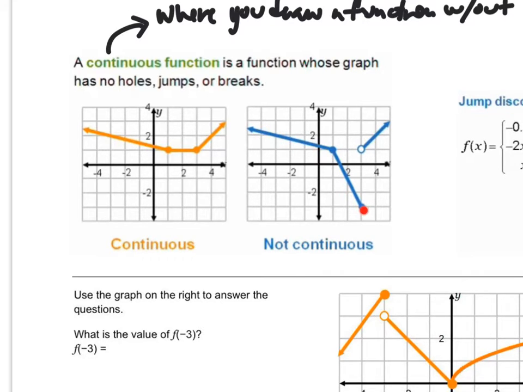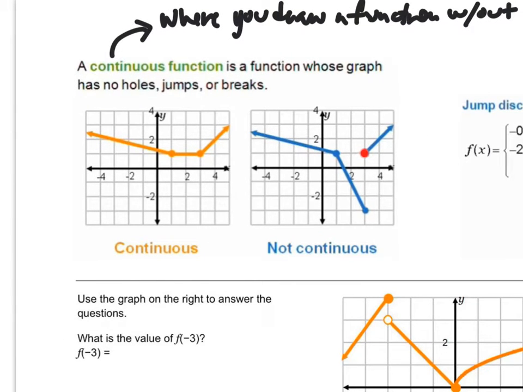All of a sudden, I have to lift up my pencil to start drawing up here, and then it goes back up. It's kind of tricky, but if you have any holes, jumps, or breaks in a graph, it's not continuous.